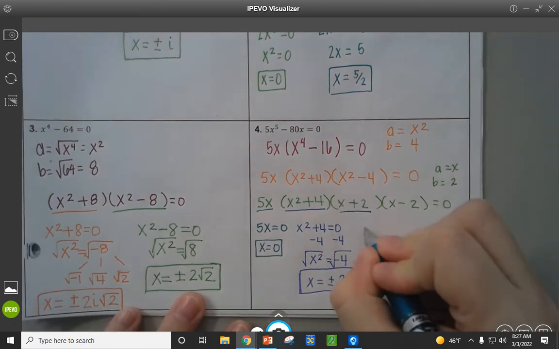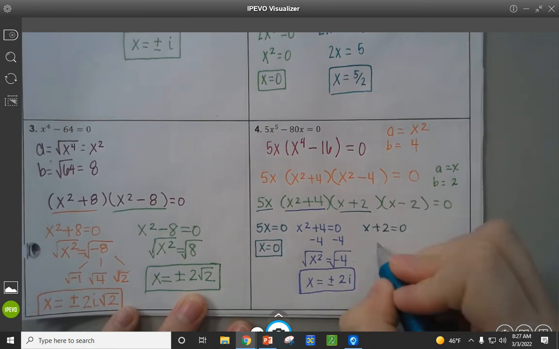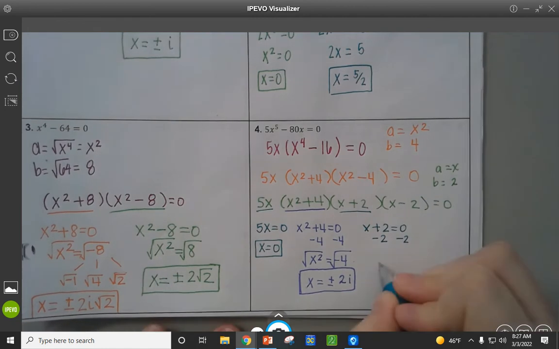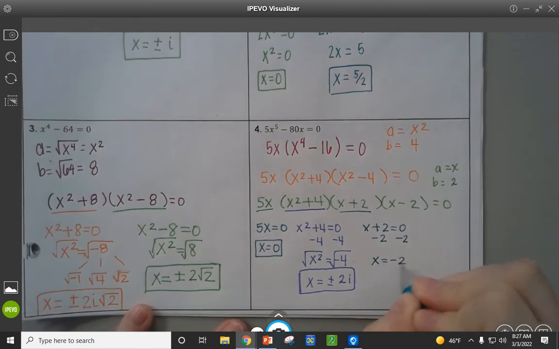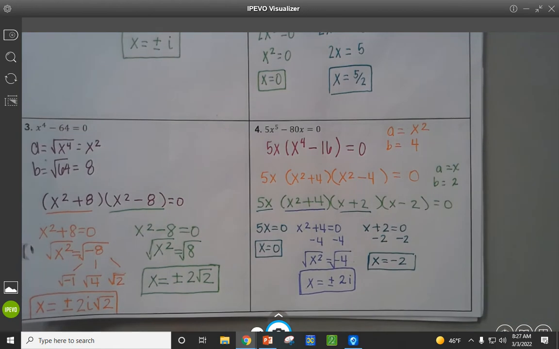Then we have x plus 2 equals 0. We'll need to subtract 2 from both sides. And that gives us x equals negative 2.